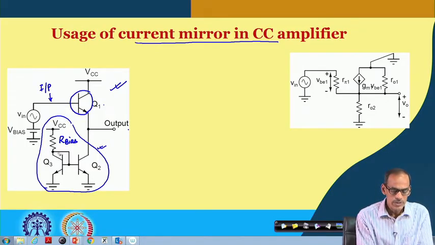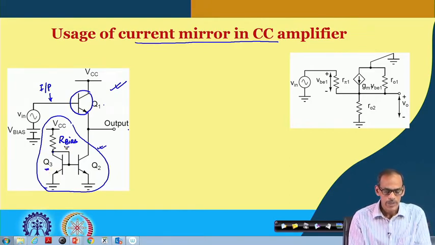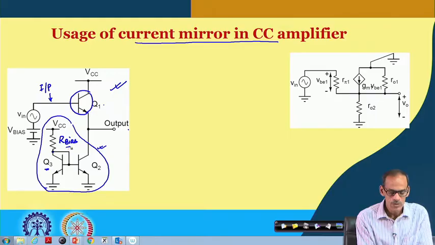So, from VCC to the collector of transistor 3 we have this R bias, and based on the value of this R bias we can get a current here, which we may call I ref, the reference current.